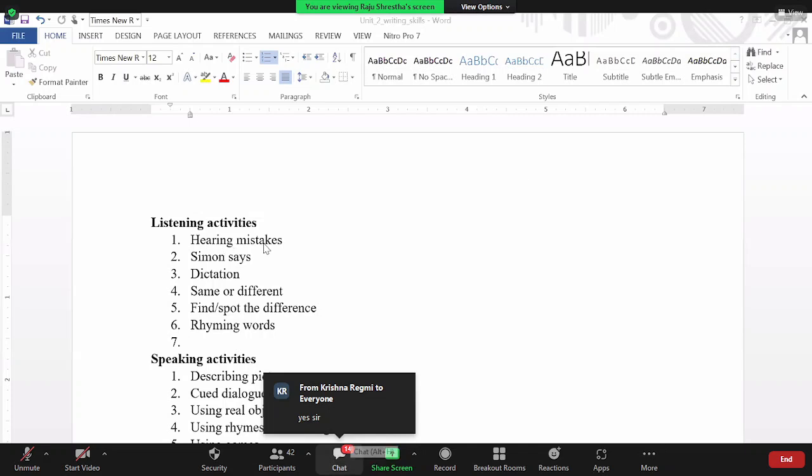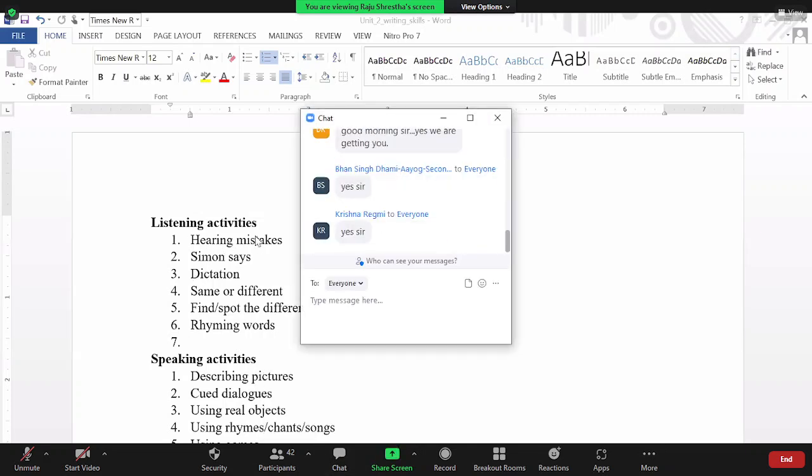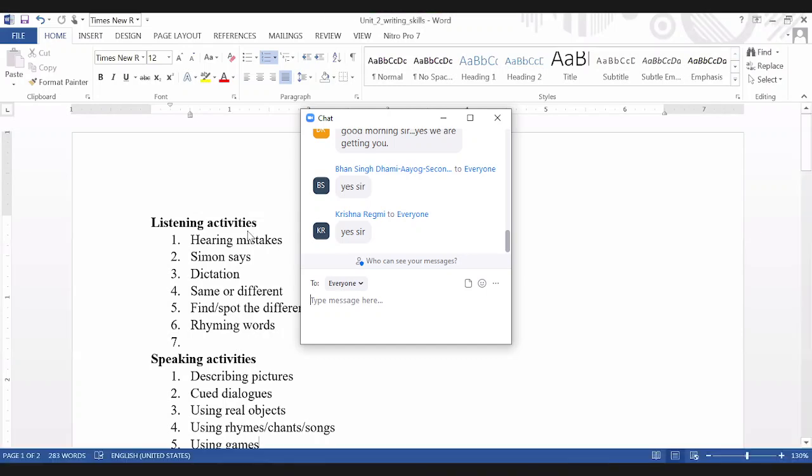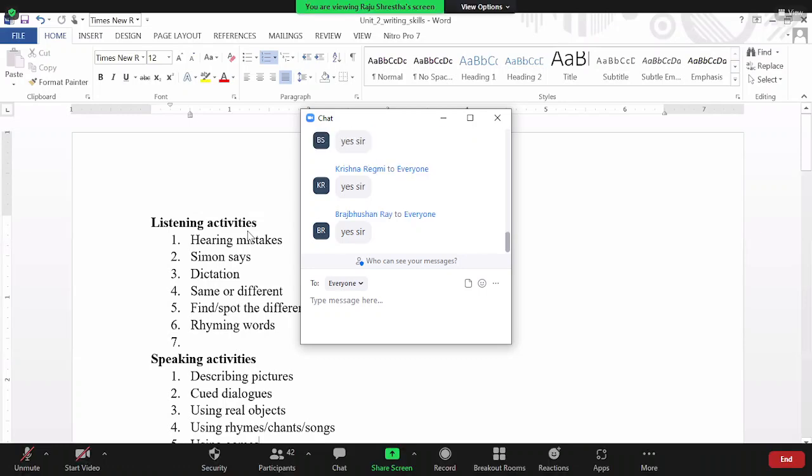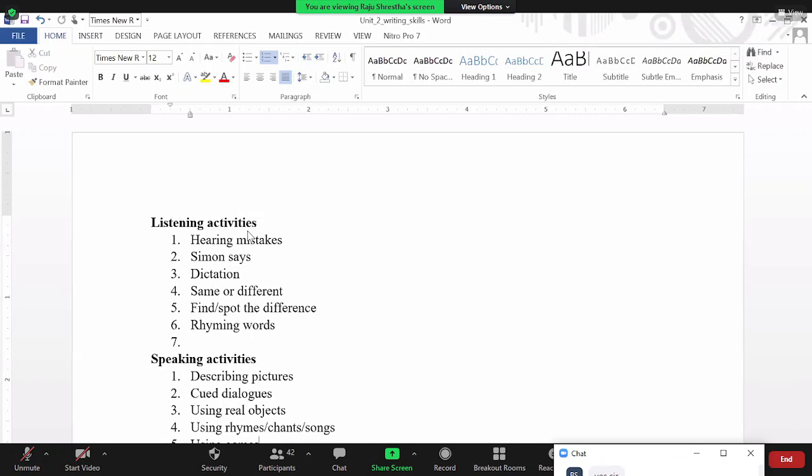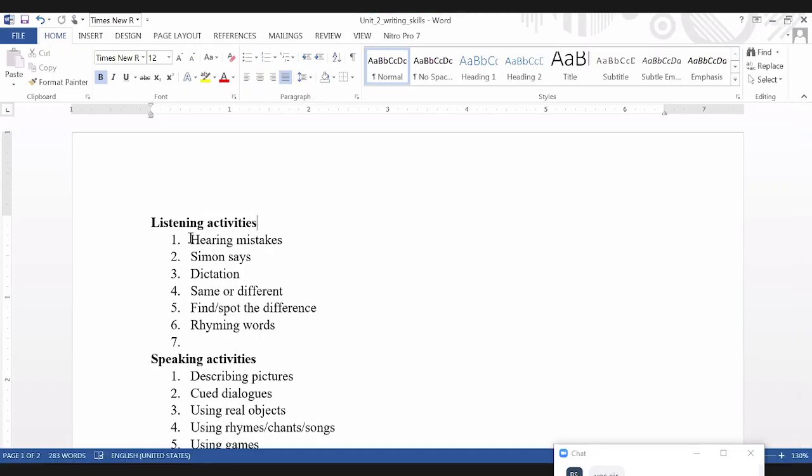We are talking about skills, language skills. The main thing in teaching language skills, like receptive, productive, or listening, speaking, reading, writing, is that we should be familiar with the language activities, like listening activities, at least five activities you should know.